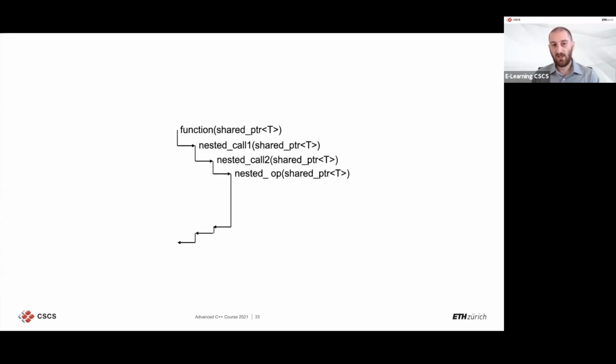Well, in this code, from a semantic point of view, the outside function takes the ownership of the pointer, and then it passes the ownership to call one, and then it passes it to call two, and then it passes the ownership again to the operator itself.